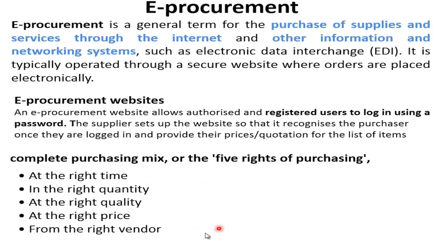So these are the purchasing mix, the 5 rights of purchasing. In the question paper, sometimes they tend to ask this kind of question: in the purchasing mix, what are the 5 rights of purchasing? Those are the things that you have to remember.